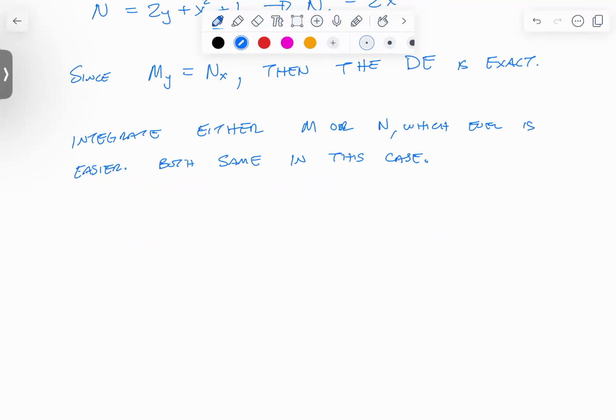So they're both the same in this case. And our whole goal, again, is to find psi. So I picked M dx.